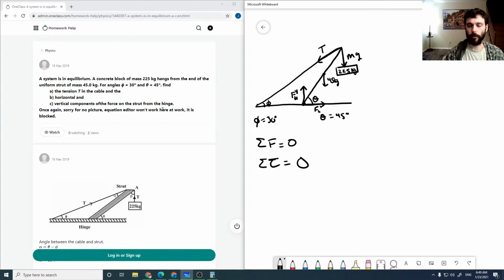So let's go through and figure out each of the torques. So for our tension, our torque is going to be our tension cross our R, which is tension R sine theta, or sine, I use gamma here.